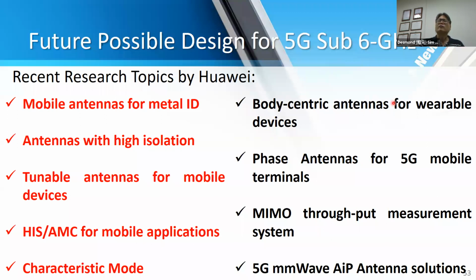So next, the one in black color is the wearable antenna. There are a few types of wearable antenna that we can focus on. One is the spectacles, the other one is the watch, and the next obviously is AR/VR.